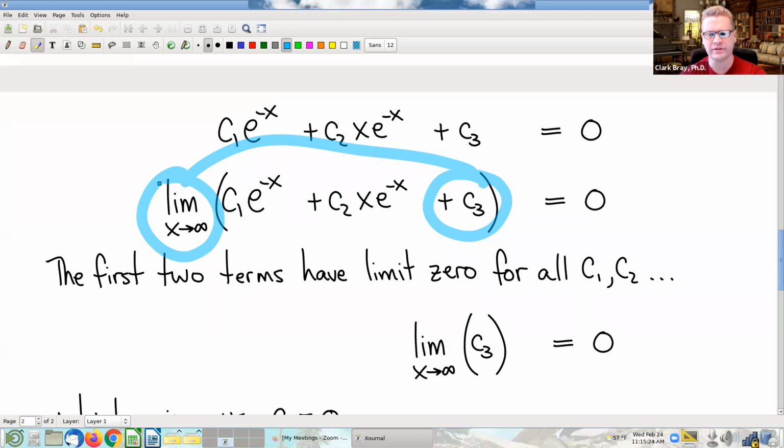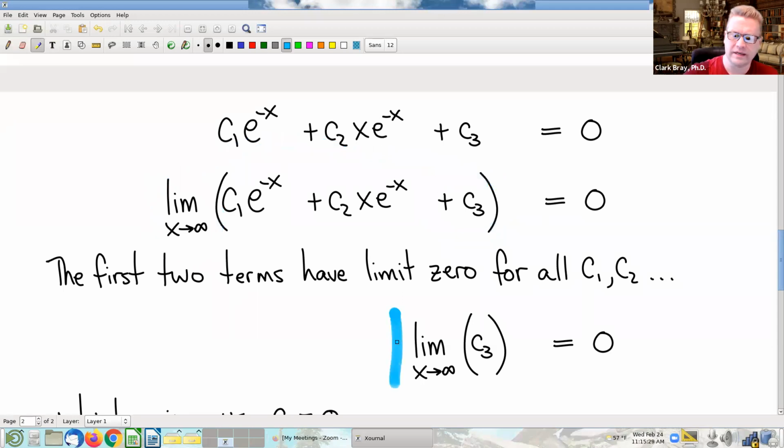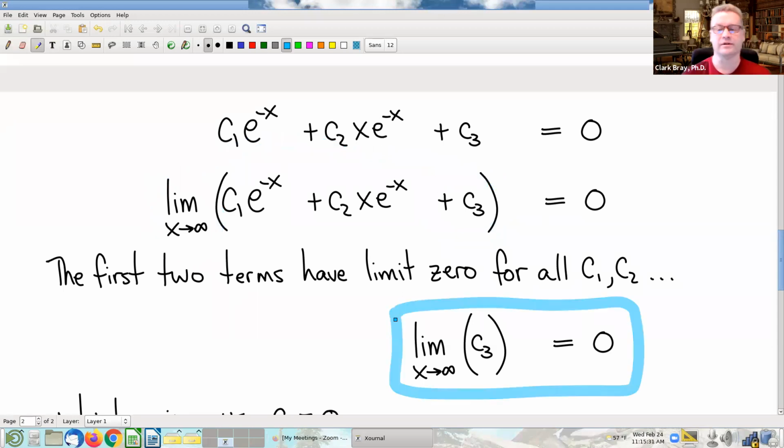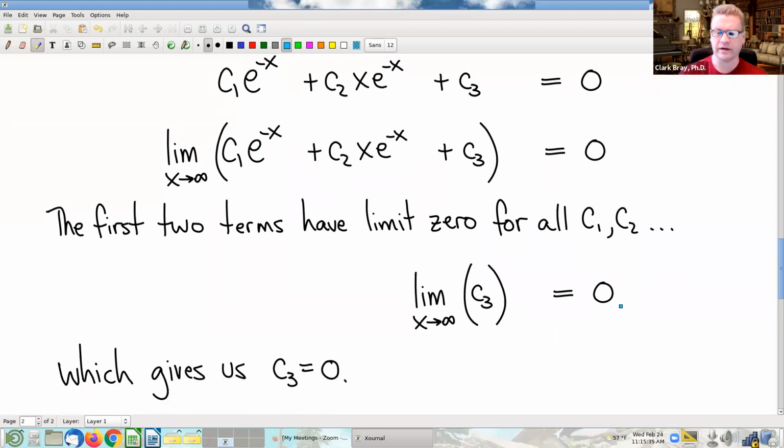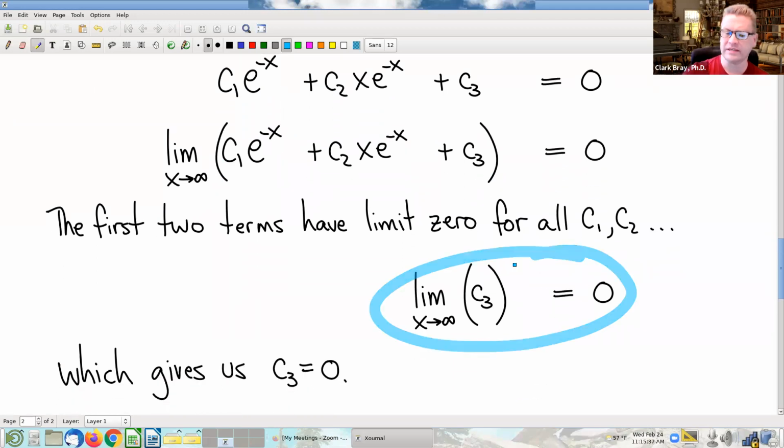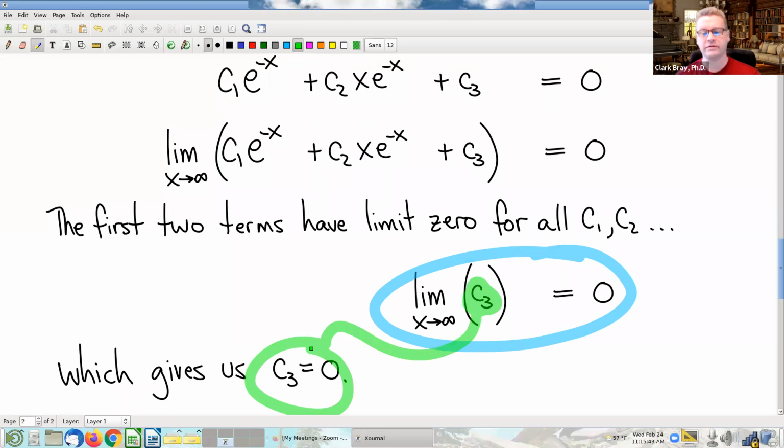We don't want the limit to be obviously 0. We want to have something left over that's not obviously 0. And that's what actually allows us to draw a conclusion here. Knowing that this limit is 0 is what tells us C3, because there's only one value of C3 that would allow for this to be 0.